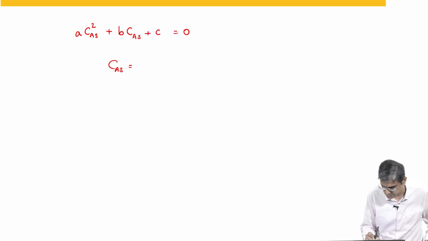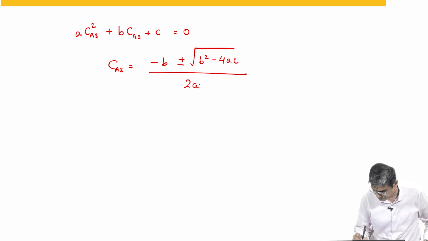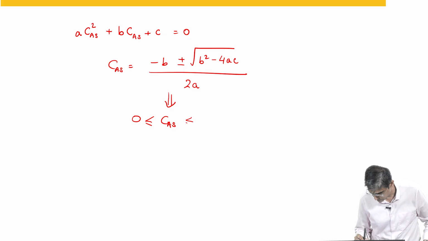Then Cas is going to be minus b plus or minus square root of b squared minus 4ac, over 2a.